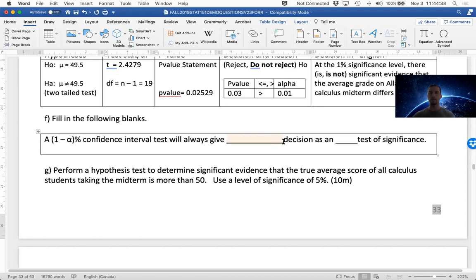Okay, so this will always give the same decision as an, in this case, alpha % test of significance.